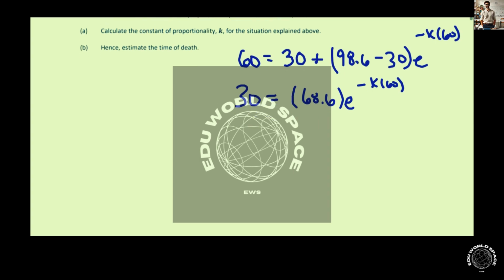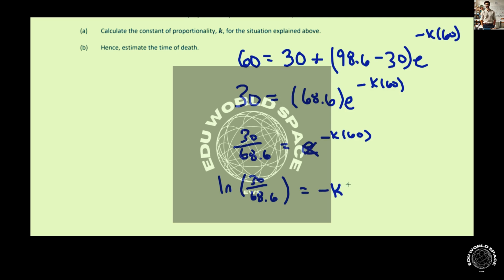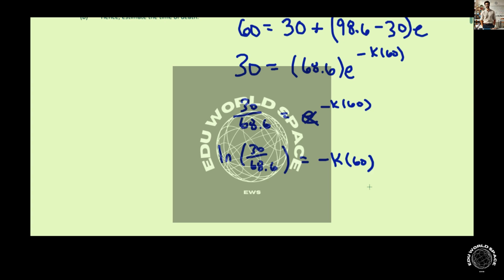Then divide both sides by 68.6. Then take the natural log of both sides. That's going to get rid of the exponential base e. And then divide both sides by negative 60 to solve for k.